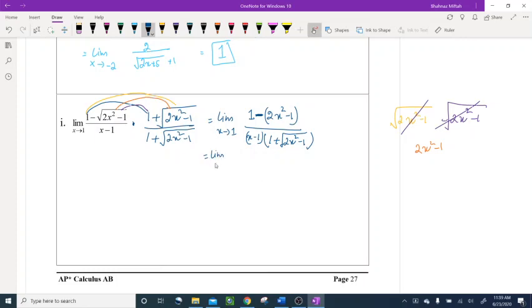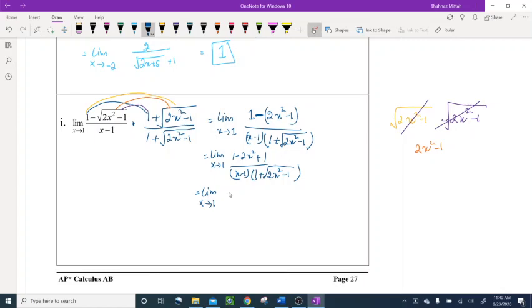Limit as x approaches 1, 1 minus 2x squared plus 1. So I have again the same thing, x minus 1. And you have to do this, guys. I keep saying this. On the AP test, this is very important that you give them step by step. Limit, don't skip any step.